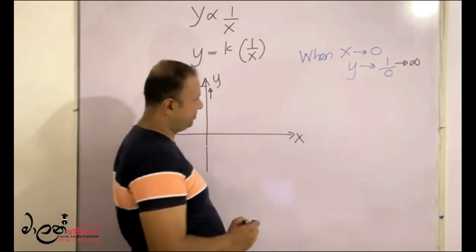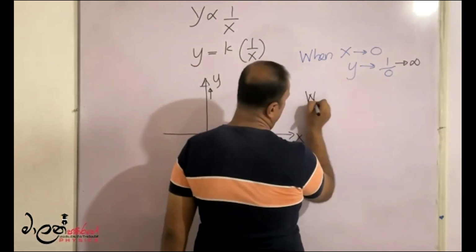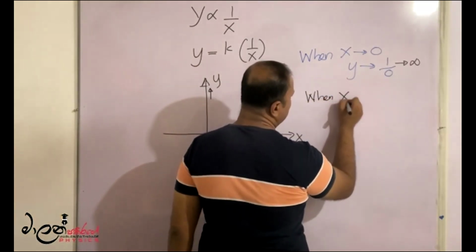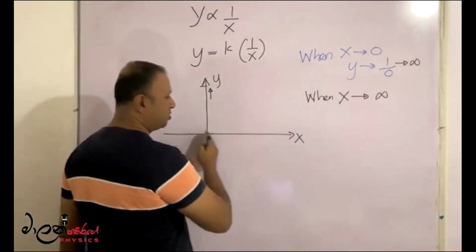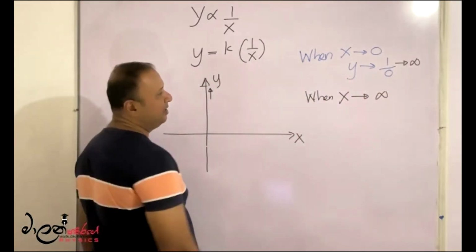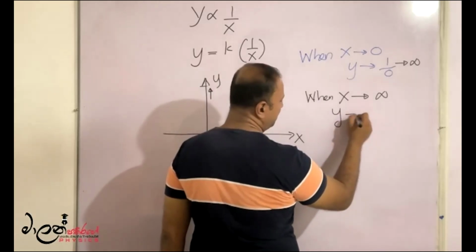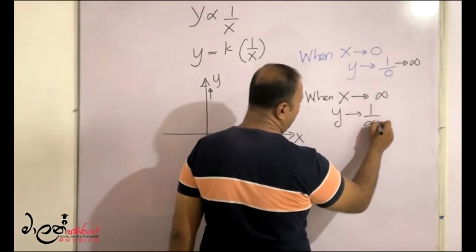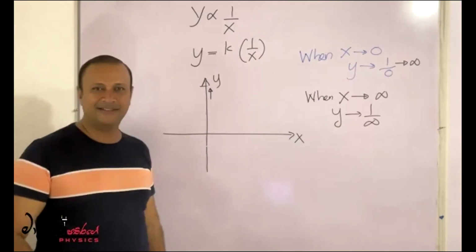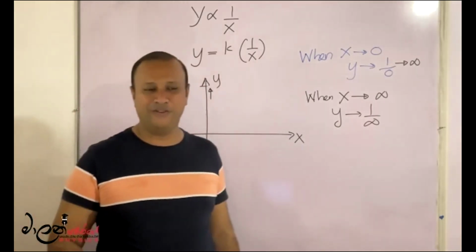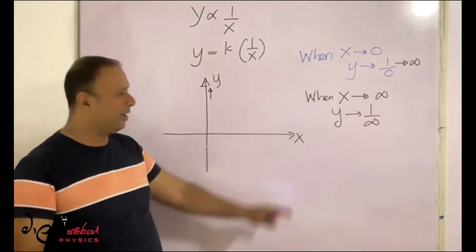Then, when x goes to infinity, y goes to 1 over infinity. What is the value of 1 over infinity? Did you get my point?